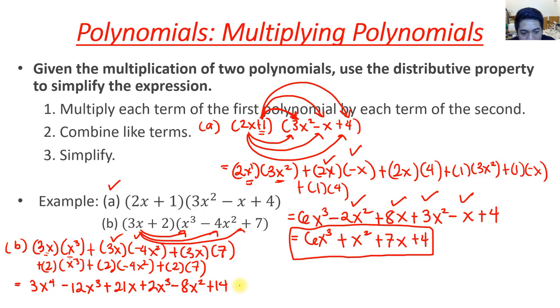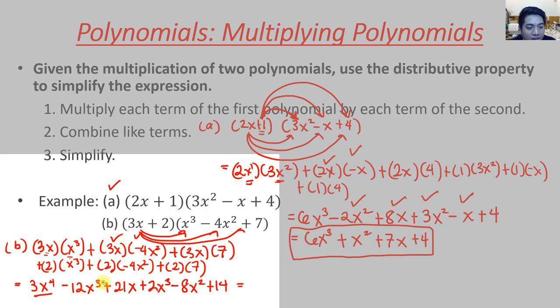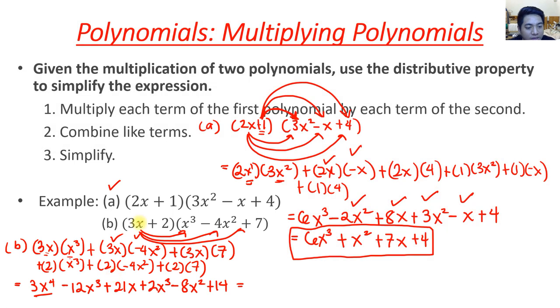Combining like terms. So for x raised to 4, we don't have anything to combine, so you copy 3x raised to 4. For cube, we have negative 12x cubed plus 2x cubed, which would be negative 10x cubed. How about for squared?